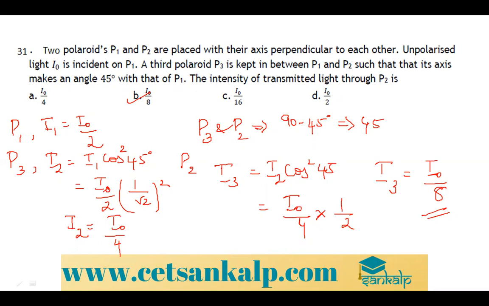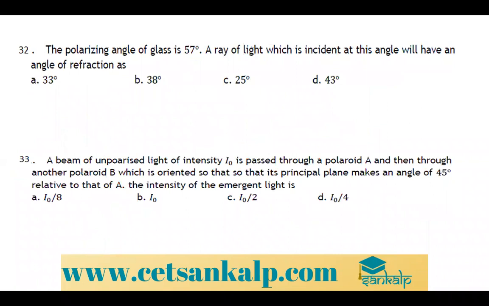Unpolarized light I0 is incident on P1. A third Polaroid P3 is kept in between P1 and P2. Then the light ray passes through P1, then P3, then P2. So what passes through P3 is I0 by 4. Initially it is I0 by 2. Then when it comes out it is I0 by 4. Then again when it comes out it is I0 by 8. That is the concept. Clear?